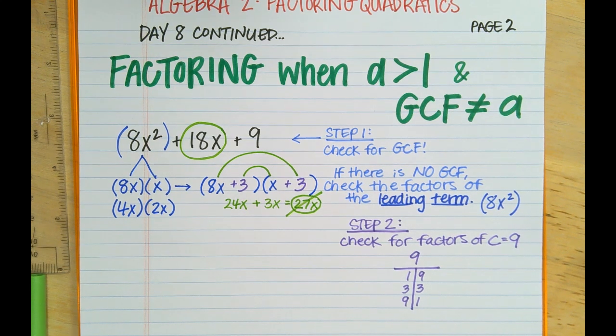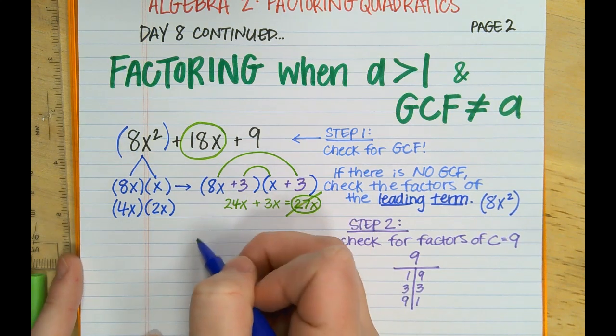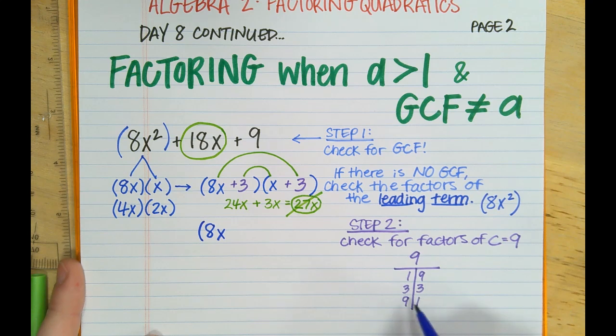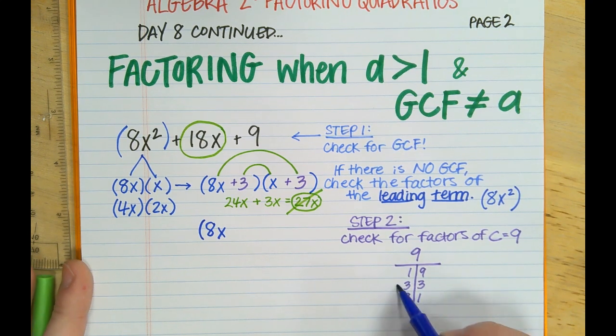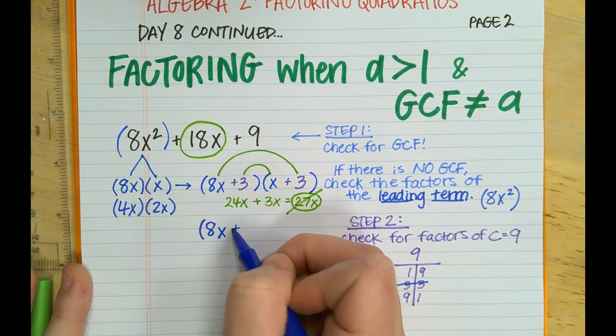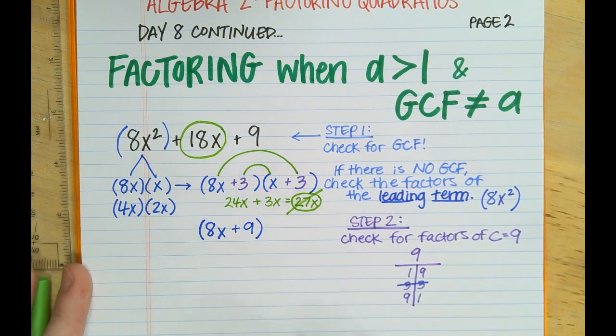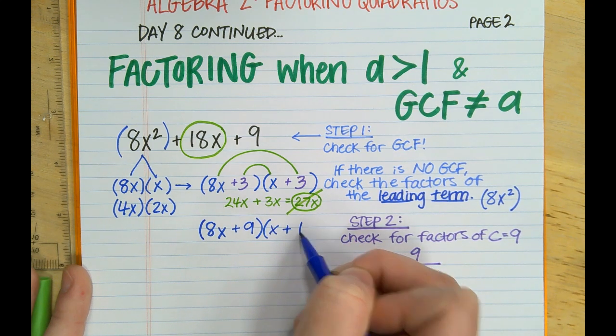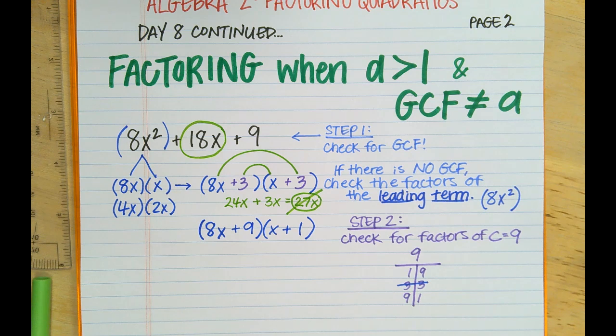9 and 1. Let's try it. Okay, let me cross these out too. 3 and 3 didn't work. Now we'll try 8x plus 9 and x plus 1. Let's see if that works.